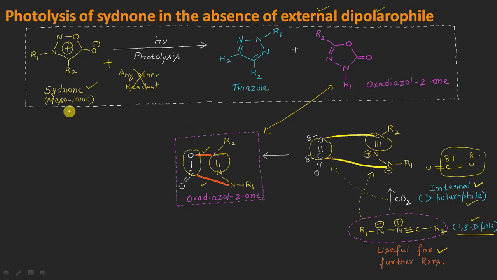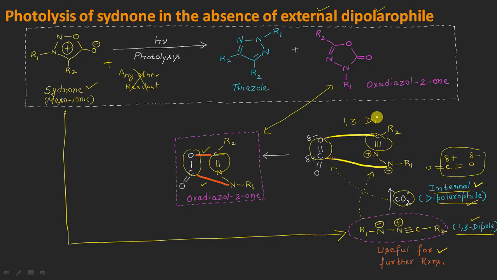So this is how, starting from this Sydnone mesoionic molecule in the absence of an external dipolarophile under photochemical reaction conditions, first of all we have seen that it results in the formation of this type of resonating intermediate, which reacts with the CO2 molecule as an internal dipolarophile undergoing a 1,3 dipolar cycloaddition reaction, the usual mechanism, resulting in the formation of our oxadiazole 2-one, I mean this second product molecule here, right?